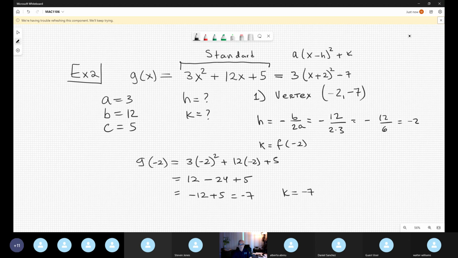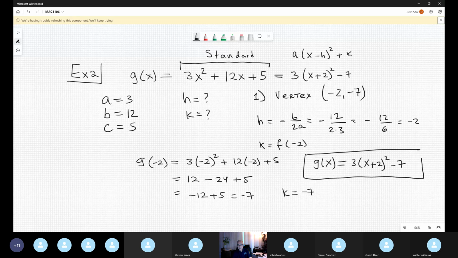Bang. And now you can write G of X, another way to visualize, to express it algebraically, the same as 3 times X plus 2 squared minus 7. This is equivalent to this. 100% equivalent. Standard and vertex form.